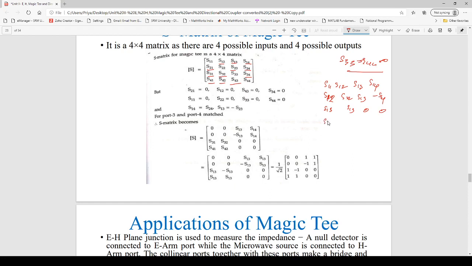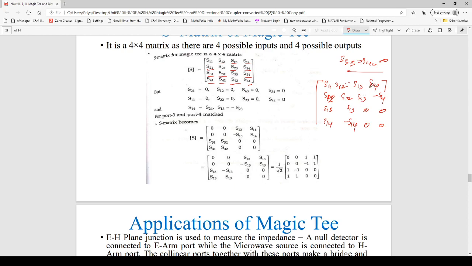Here S14, minus S14, and S43 equal to S44 is 0, that is the perfectly matched port, and because of the isolated port, this is 0. So this becomes my matrix now. And I also know S12 and S21 will also be equal to 0.